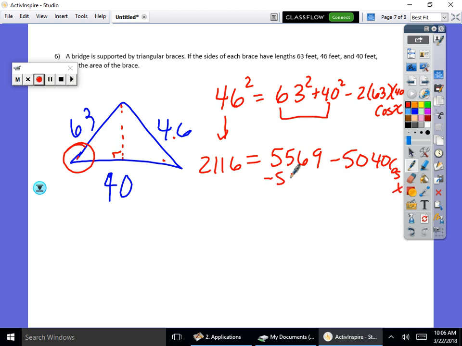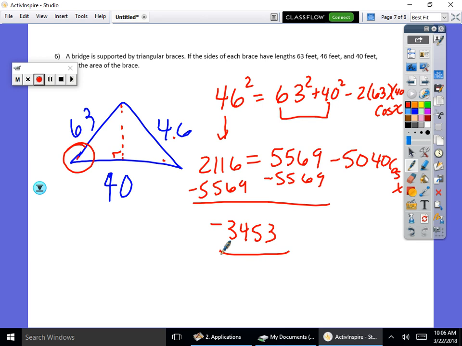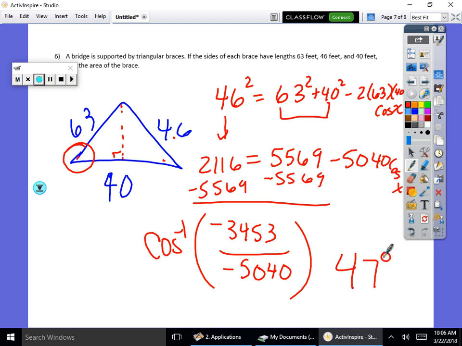I'm going to subtract this, and that gives me negative 3453. I'm going to divide it by the negative 5040. And I'm going to do inverse cosine, because I'm trying to find the angle, and it ends up being, I rounded it to 47 degrees, okay? So this ends up equaling about 47 degrees, right?